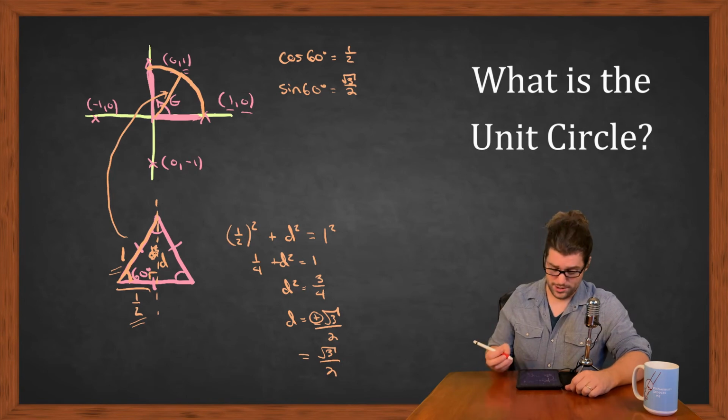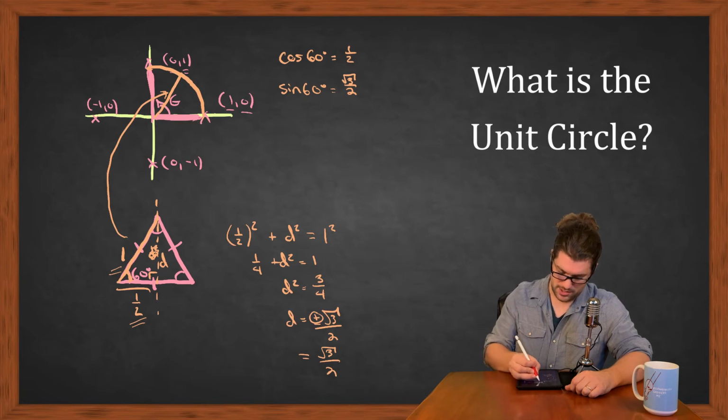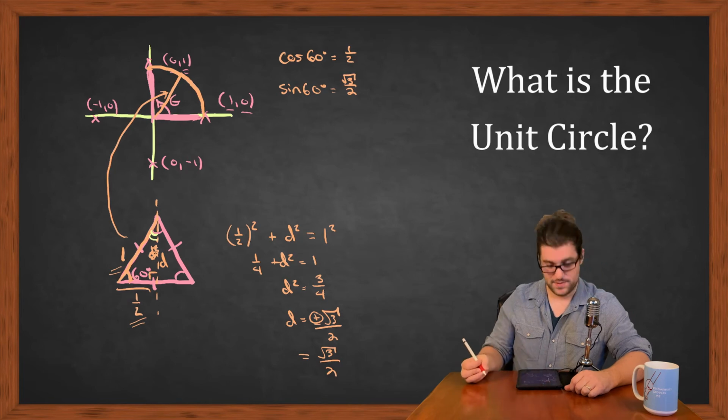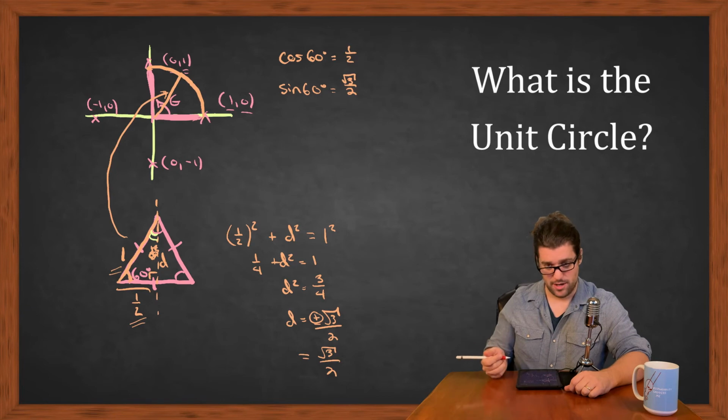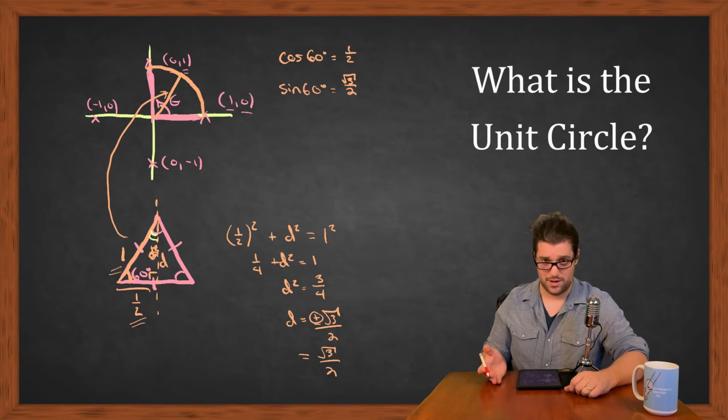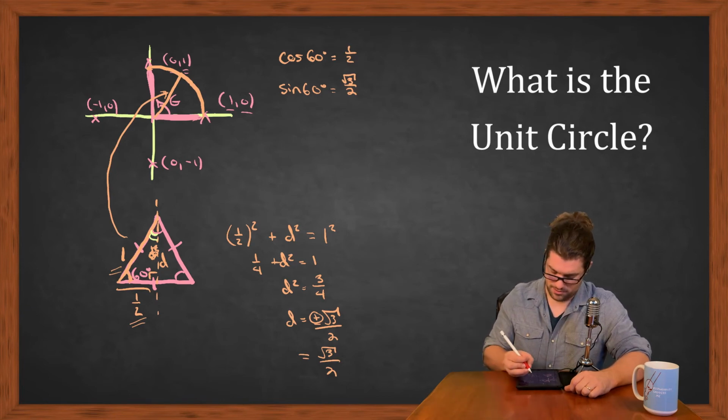Now, we can also get the cosine and the sine of 30 from this same triangle, because it is just the other angle up in this corner. That's going to be a 30-degree angle, because we bisected a 60-degree angle. It's the same triangle, just the opposite side is now the 1/2, and the adjacent side is the root 3 over 2.